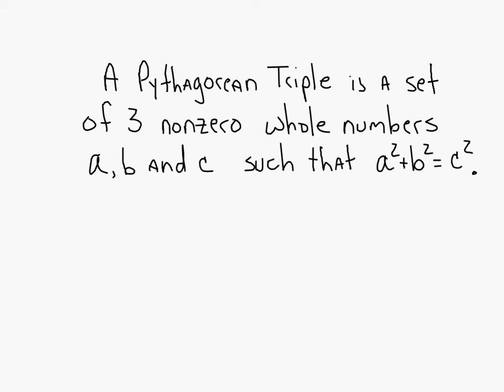All right, the most common Pythagorean triple is 3, 4, 5. 3 squared plus 4 squared equals 5 squared. And in your book on page 548, if you want it for your notes, there's a table of common Pythagorean triples. It lists a bunch of them.